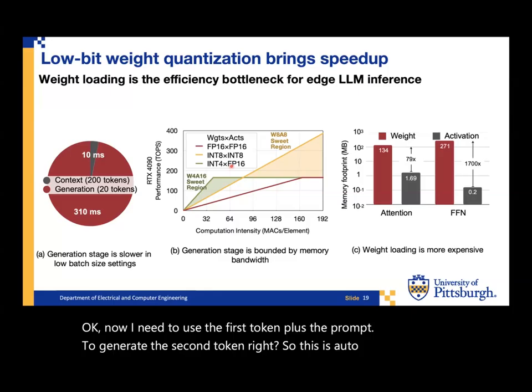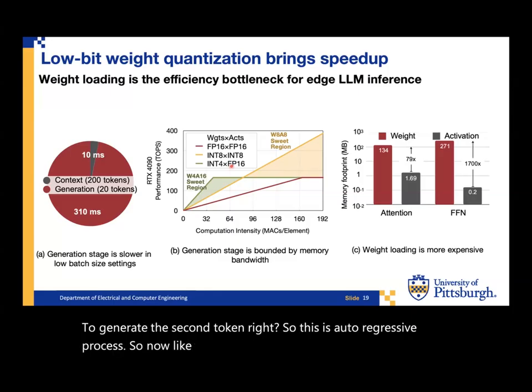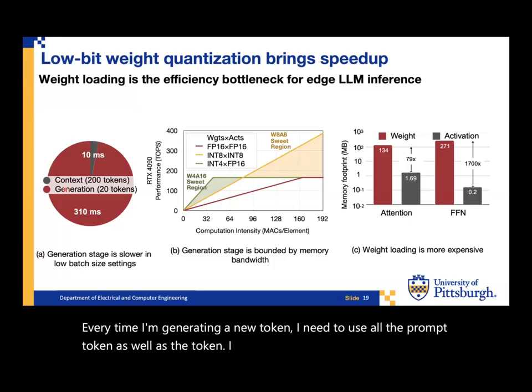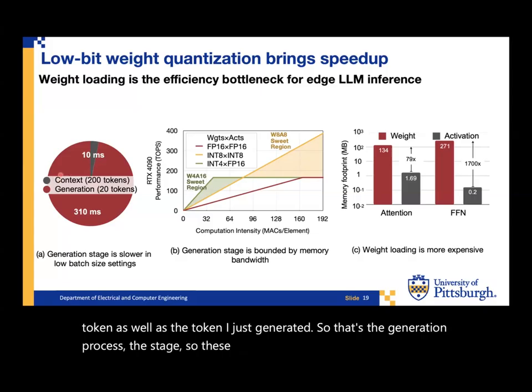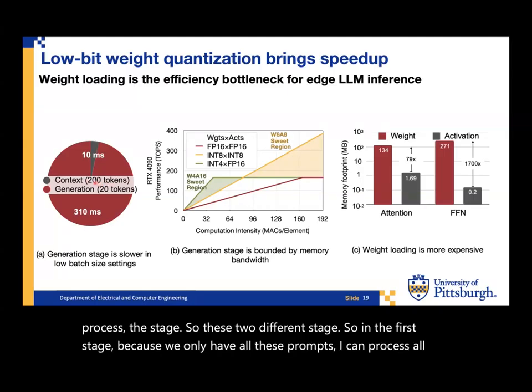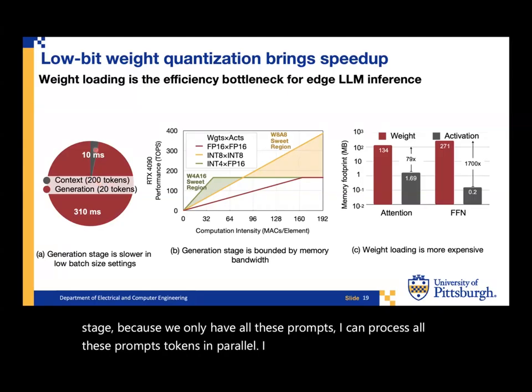Every time I'm generating a new token, I need to use all the prompt tokens as well as the tokens I just generated. So that's the generation stage. So these are two different stages. In the first stage, because we only have all these prompts, I can process all these prompt tokens in parallel, very fast.